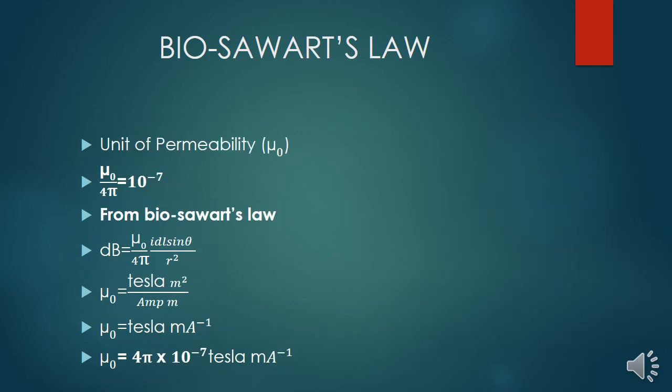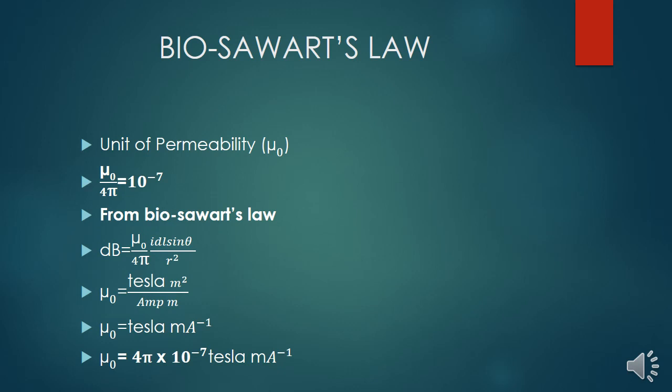So now we are taking out the unit of permeability of free space. So mu naught upon 4 pi equals 10 raised to power minus 7, meaning mu naught equals 4 pi into 10 raised to power minus 7. Now dB has a unit of Tesla, so put in the units in the equation of Biot-Savart law.